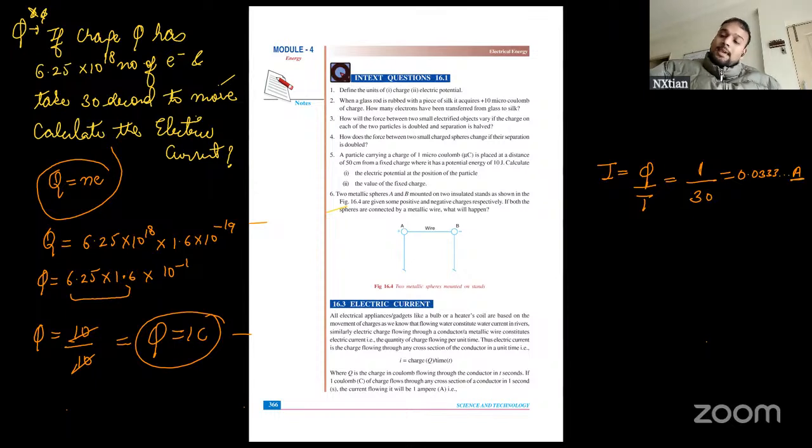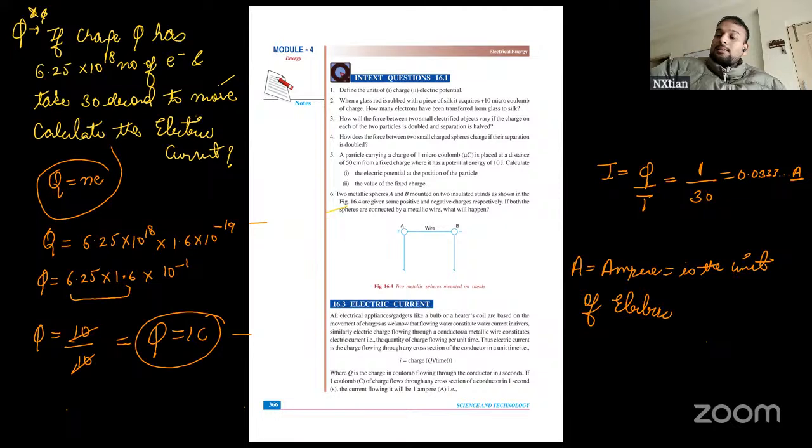Now what is this A? A, which is denoted by ampere, is the unit of electric current. So whenever I say 6 ampere, it is basically 6 electric current. Understood?